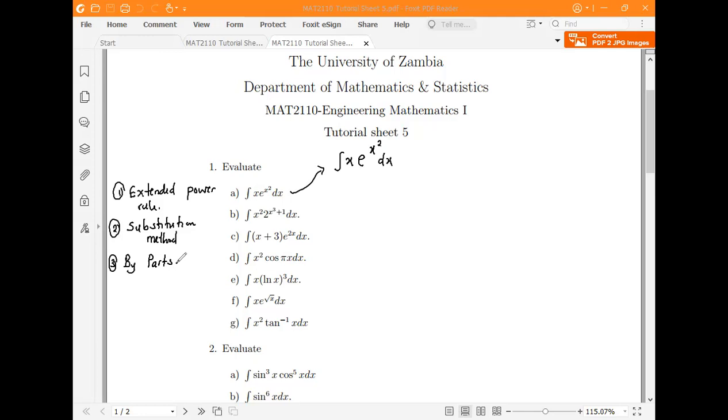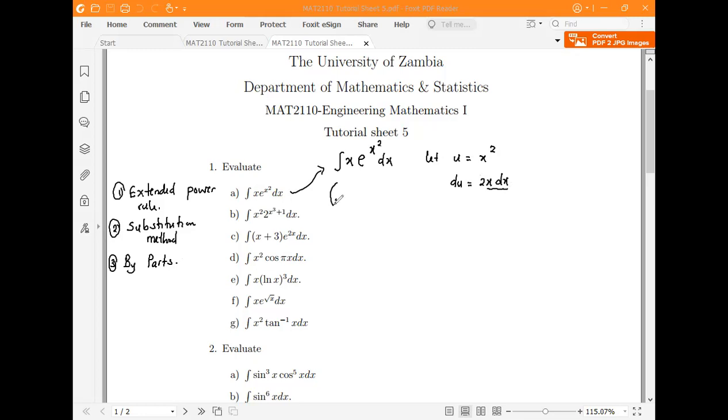Well, it looks like it is substitution because if we let u be the power of e, then the derivative of u is going to be 2x dx. Because of the x dx, it makes it easy for us to use substitution.